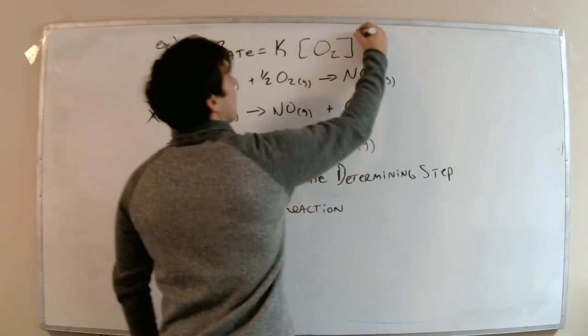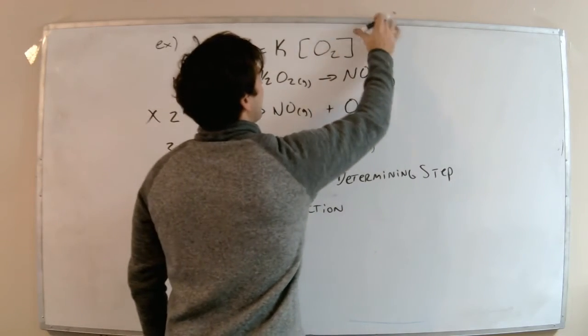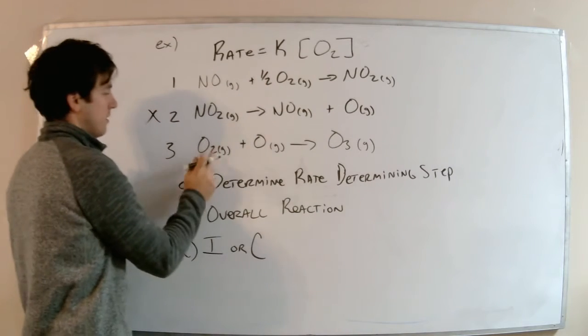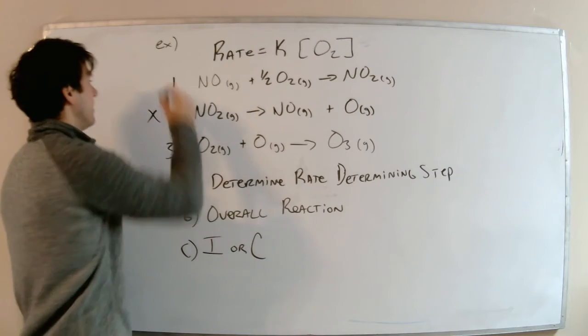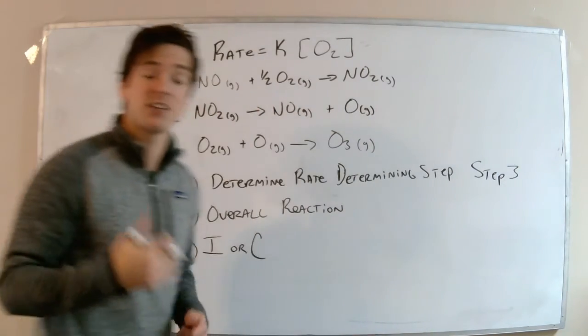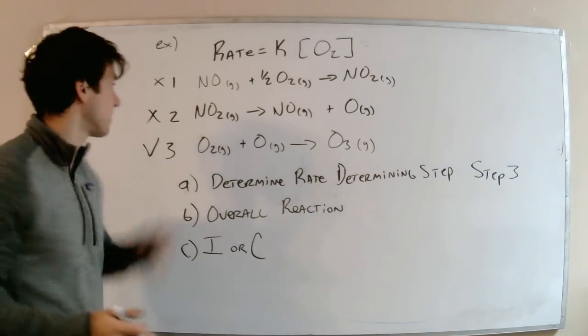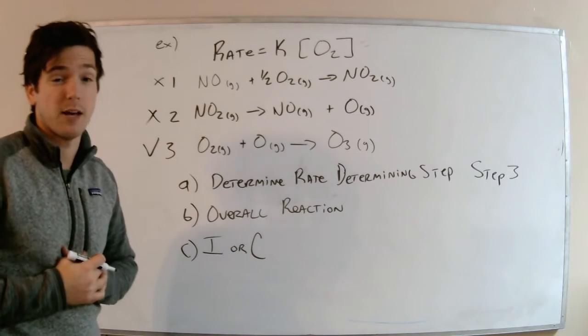If it was 1/2, you would say it's this one, but it's not. It is this one because it's got a coefficient of 1 in front of it. So our rate determining step is step 3. Remember, if I don't give you an indication of how fast each of these steps is going, you can always go back to your rate law to help you determine that.